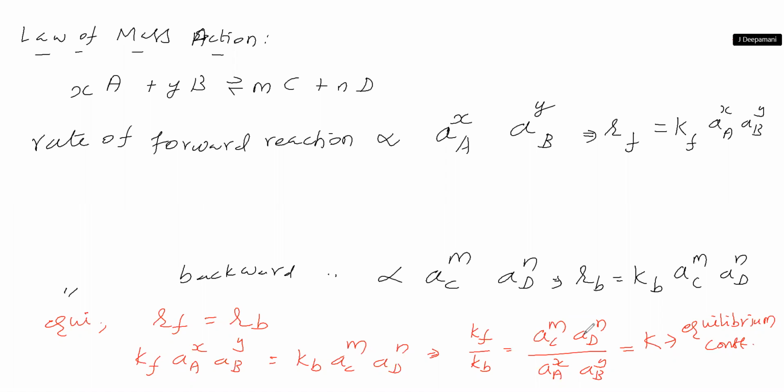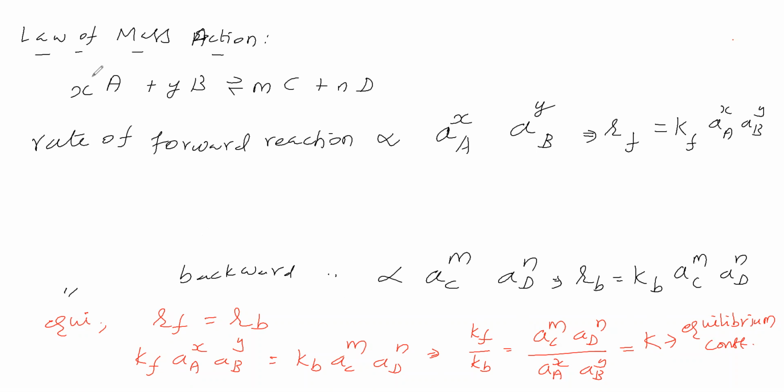For the denominator, whatever is there on the left side of the equation, you write in the denominator. On the left side, A and B are there, therefore we have written A and B in the denominator.